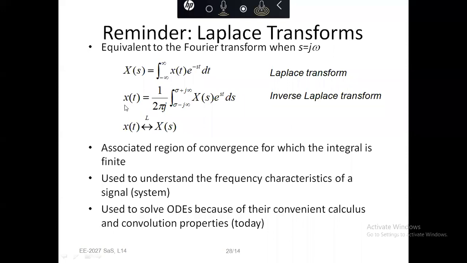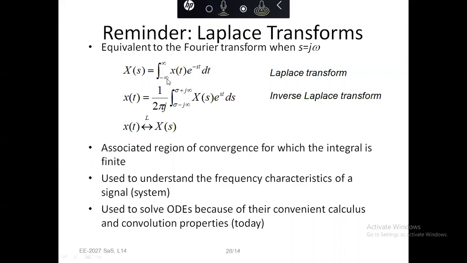And to transform back to the time domain from the frequency domain, we multiply by e^st and divide by 2 pi j. This is what we learned in the Fourier transform property.